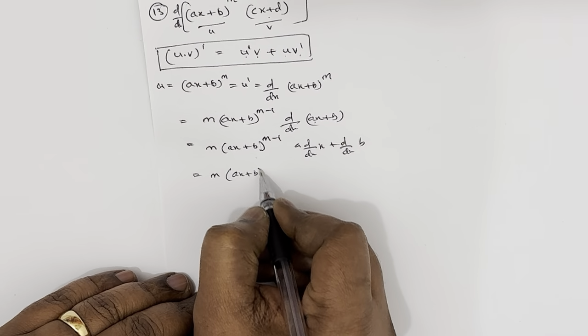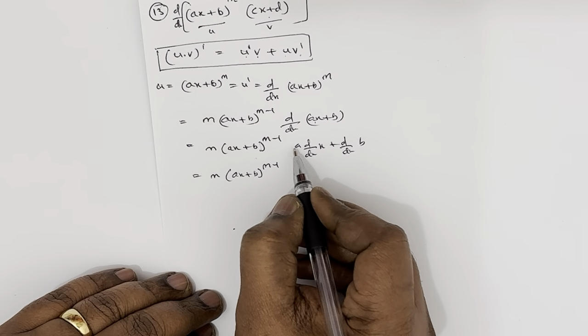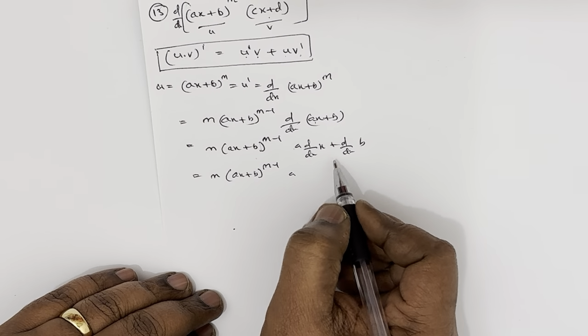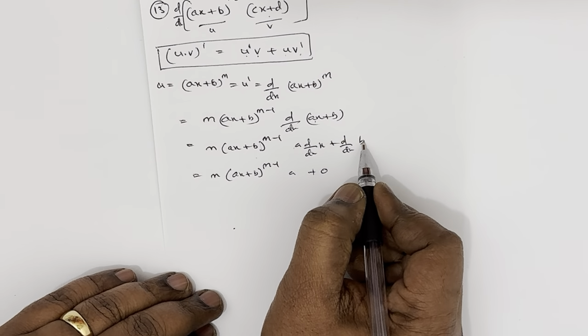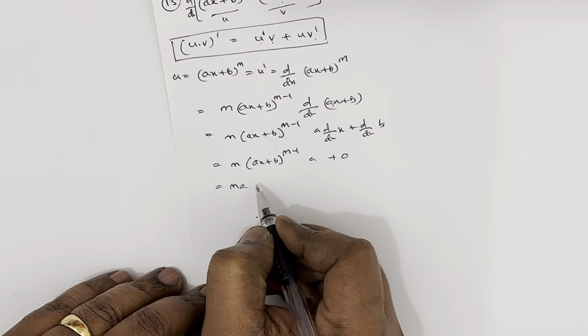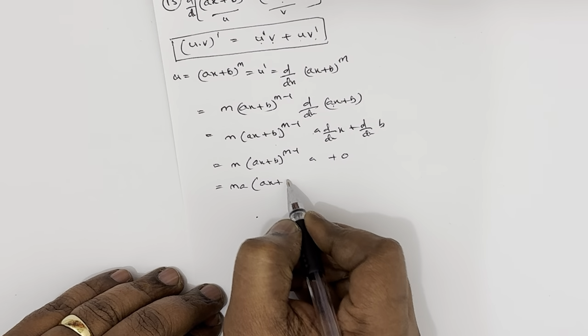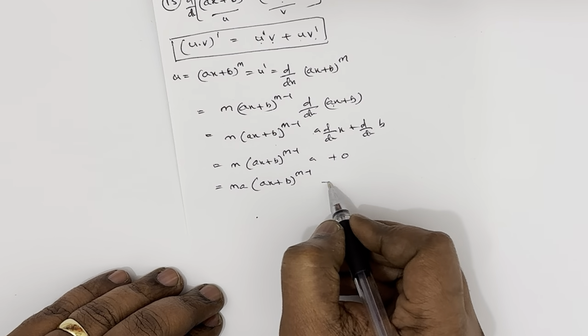Derivative of x is 1, so a into 1 is a, and derivative of b is 0 because b is a constant. So a into a, this will be n a (ax plus b) whole raised to n minus 1. So this is u dash.